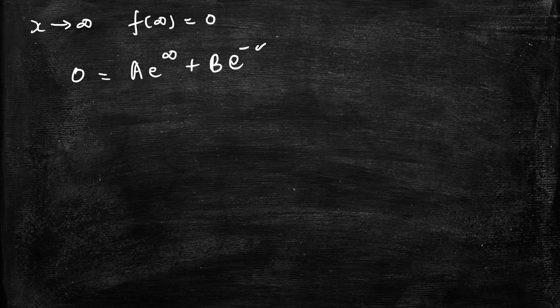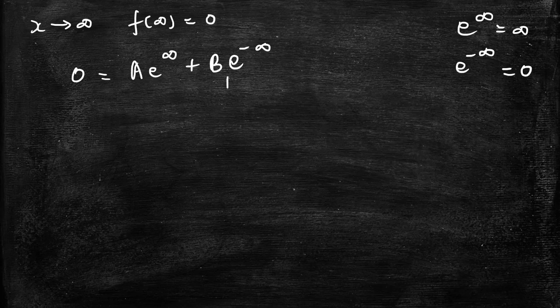So I can just directly write it as 0, and I'll get a e power infinity plus b e power minus infinity. You have to remember that e power infinity is infinity and e power minus infinity is 0.